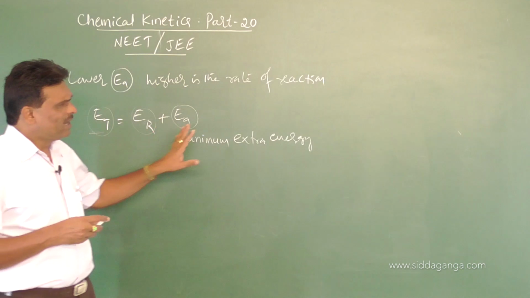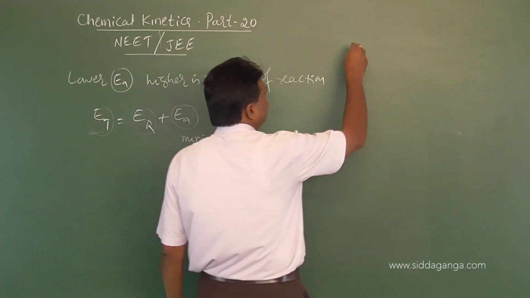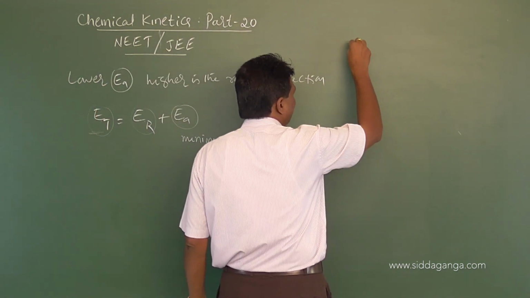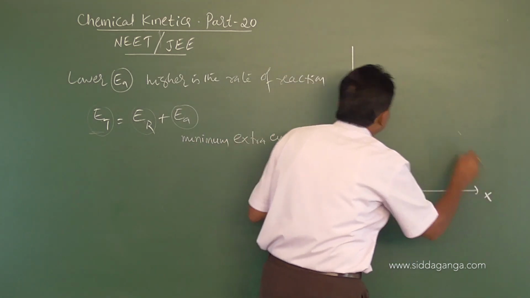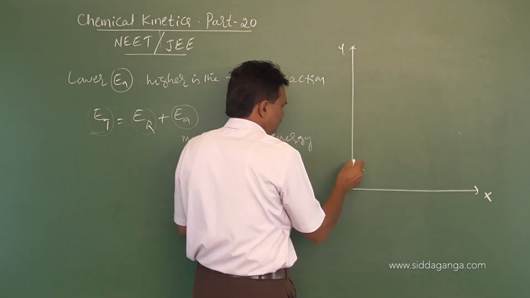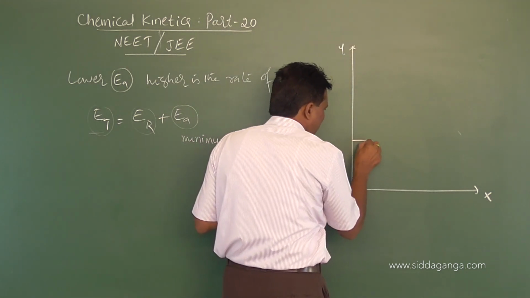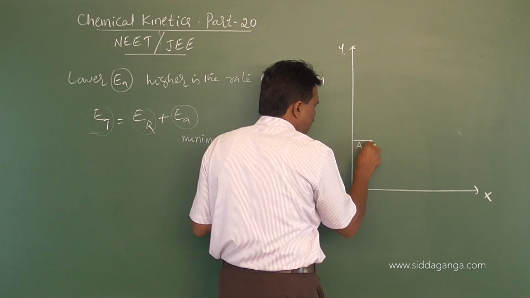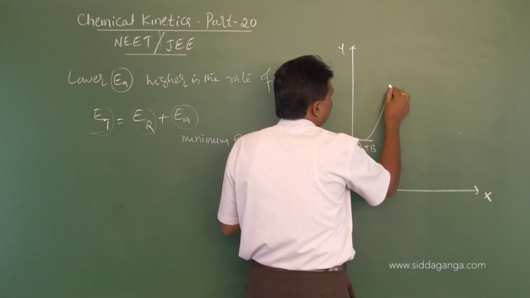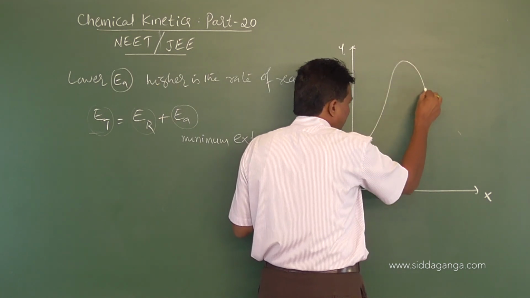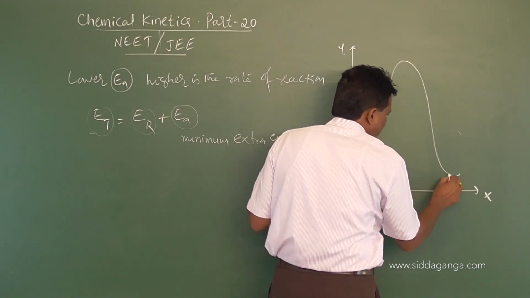That can be observed in the potential energy level diagram. So look here. These are the reactants A plus B. The reactants attain threshold energy, and finally it gives the products.